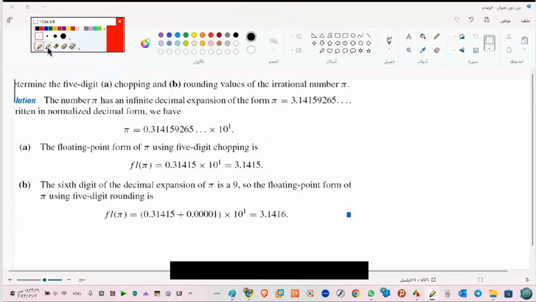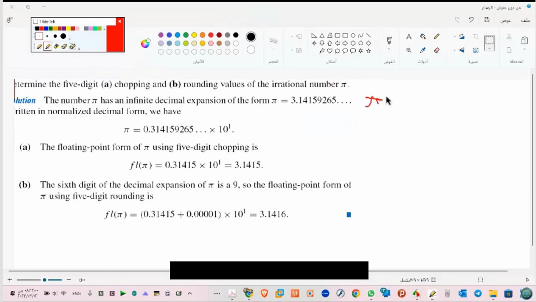If I want to solve any example, we have two methods: cutting the number and rounding the number. First, our number is pi.